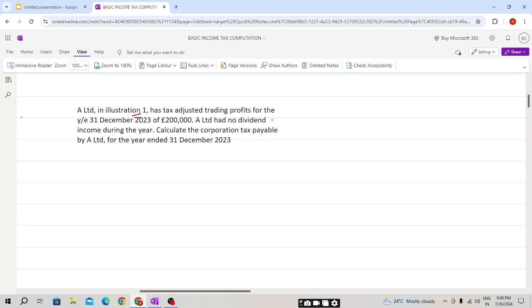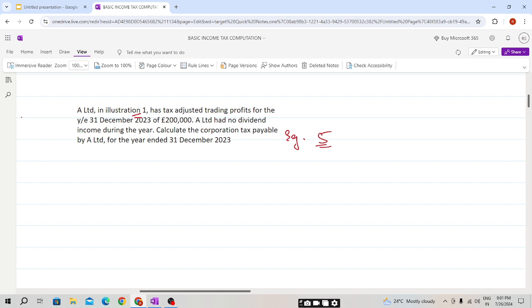It will be easy to identify the associated company. But let's take an example of associated company including the parent will be 5.